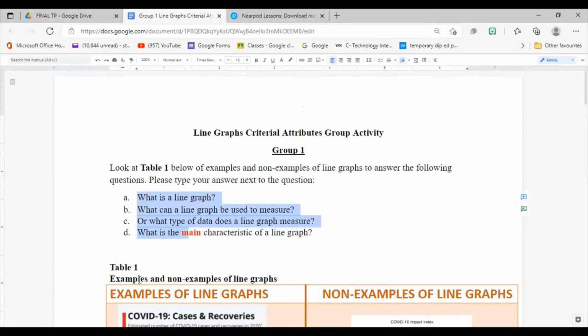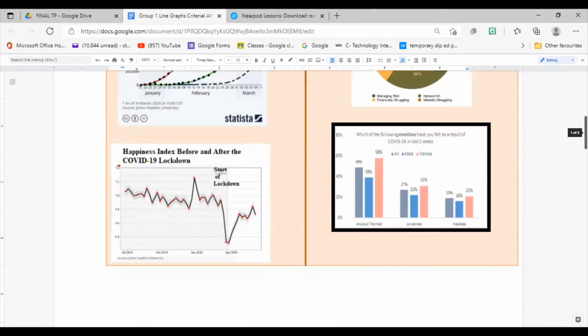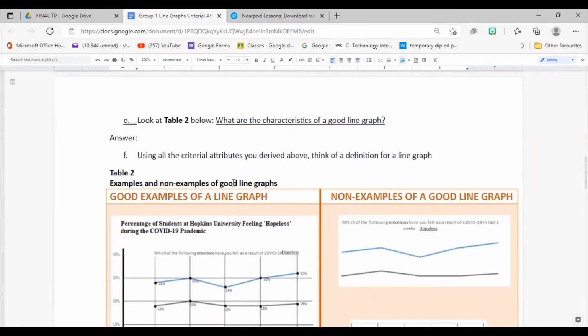You would use table 1 to guide you in answering these 4 questions. Then when you're finished with that part, you will go to table 2, again, which has examples of line graphs, all right, and non-examples. And again, you would answer E and F.